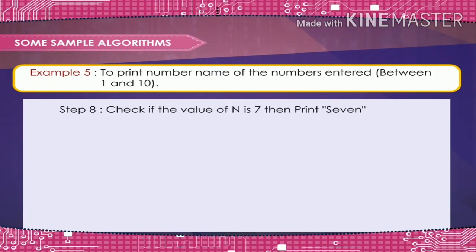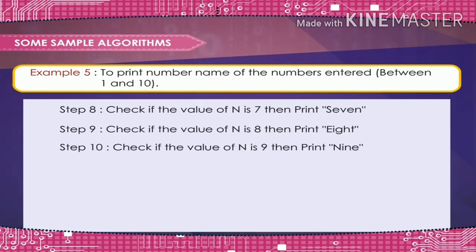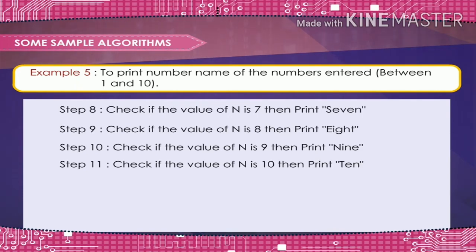Check if the value of N is 7, then print 7. Step 9. Check if the value of N is 8, then print 8. Step 10. Check if the value of N is 9, then print 9. Step 11. Check if the value of N is 10, then print 10.